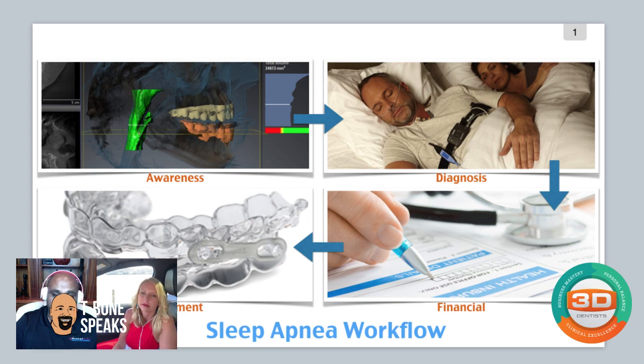And the truth is, before you can get to the treatment phase, you have to get through the other 3 phases first. And quite frankly, those 3 phases, the awareness, the diagnosis, and the financials, are where practices are getting stuck. It's not that we don't know how to treat or how to make an appliance. Quite frankly, it's the easier part of what we do. It's all the things that it takes to get there.